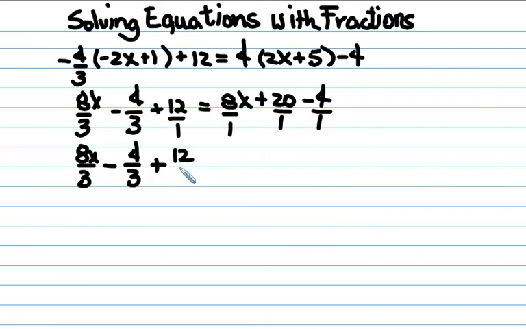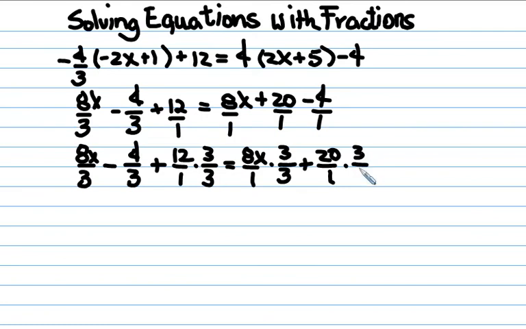So I take 12 over 1 times it by 3 over 3 equals, the 8 is missing the 3, so I have to take the 8x over 1 and times it by 3 over 3 plus the 20 over 1 times it by 3 over 3, and then the negative 4 over 1 times it by 3 over 3. So now you can see that along these bottoms that all my denominators are going to be 3, aren't they?